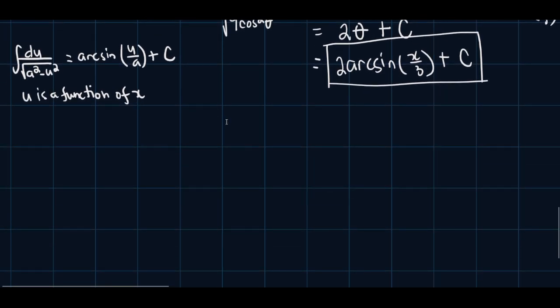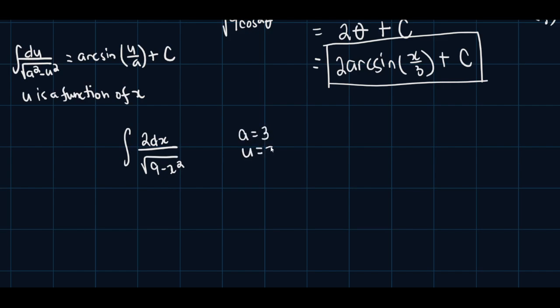So, kung ito yung gagamitin natin as an alternative approach, so we have 2 dx all over square root of 9 minus x squared. Again, a is 3, and we can simply assign u to be equal to x. So it satisfies this form of the integral.